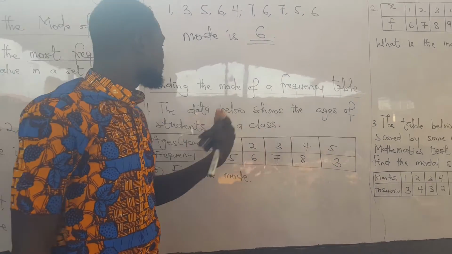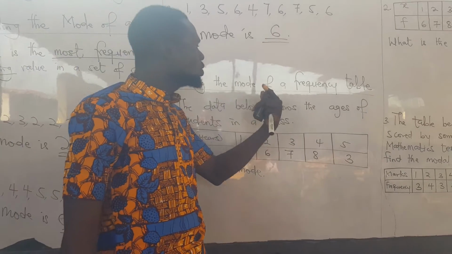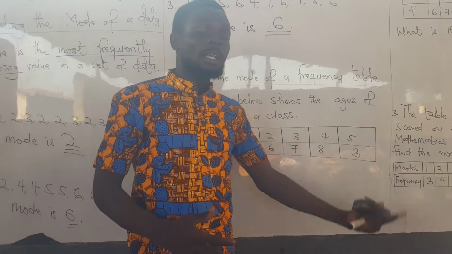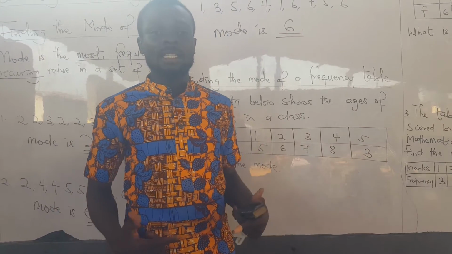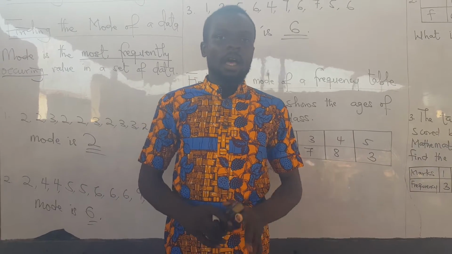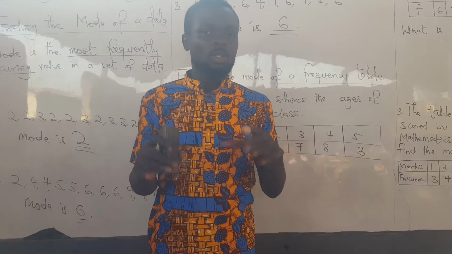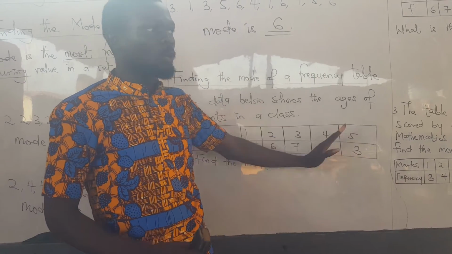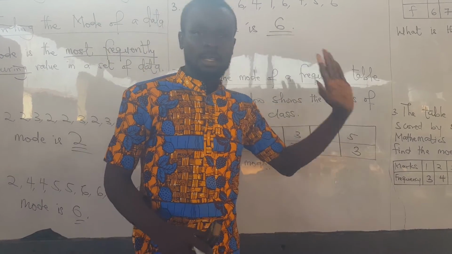Now, I want to look at finding the mode of a frequency table. With a frequency table, we will look at it more when it comes to the collecting and handling of data. But today, we want to concentrate on how to find the mode when you have a frequency table like this.